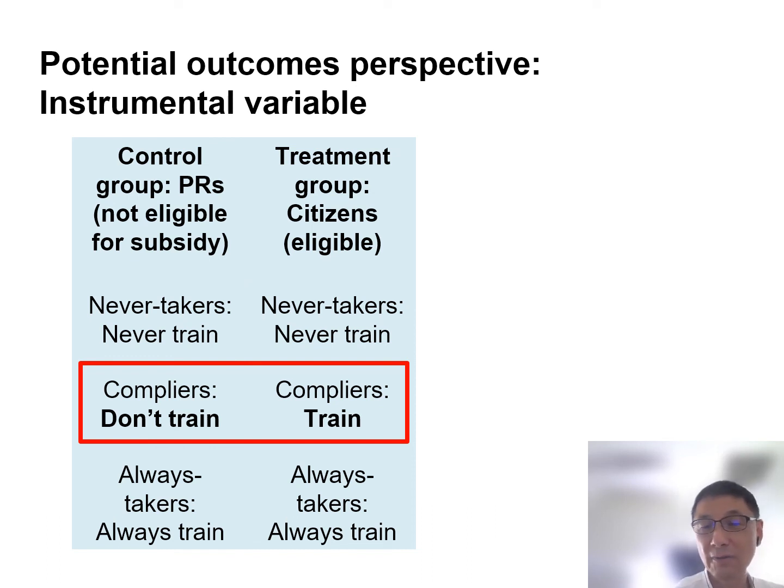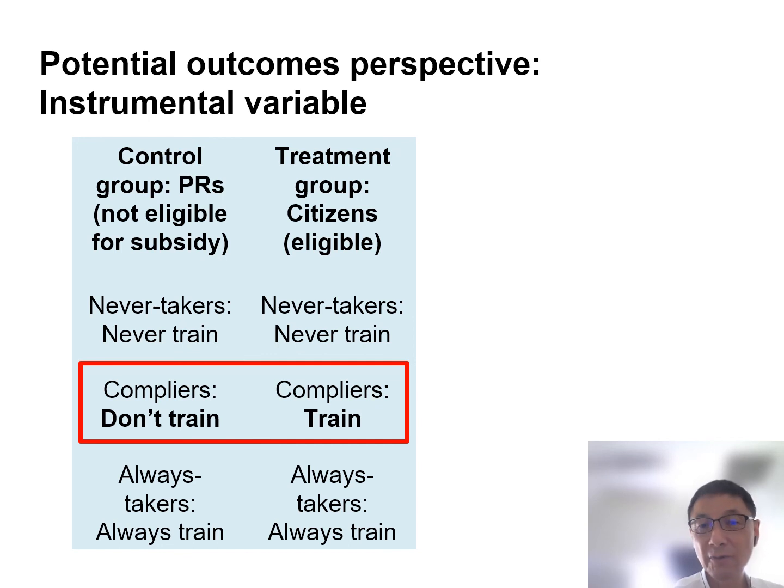In each of those groups, there will be one which never undergoes training, another group which either does not undergo training or does undergo training, and a third group which always undergoes training. The key in the study is to compare those in the control group who do not train with those in the treatment group who do train.